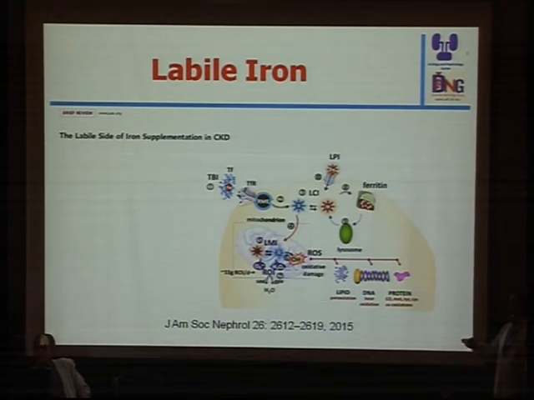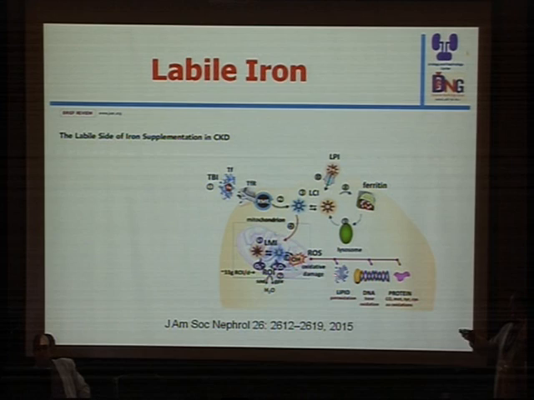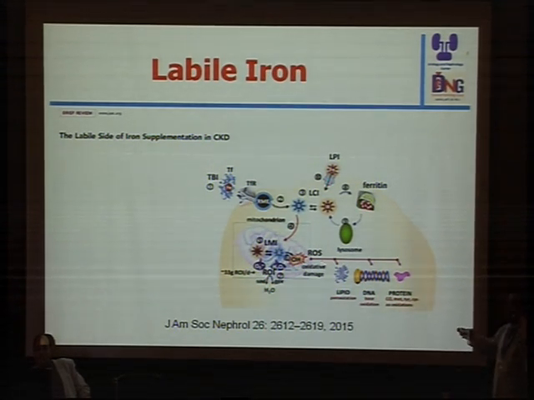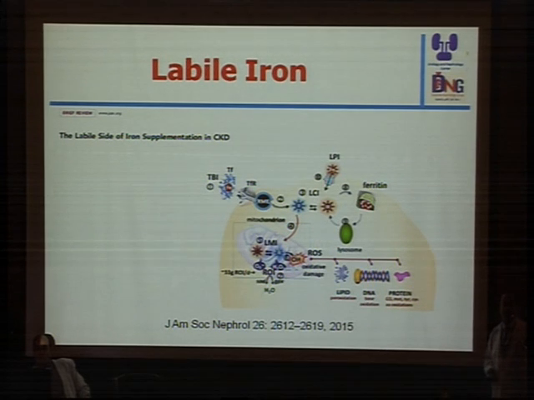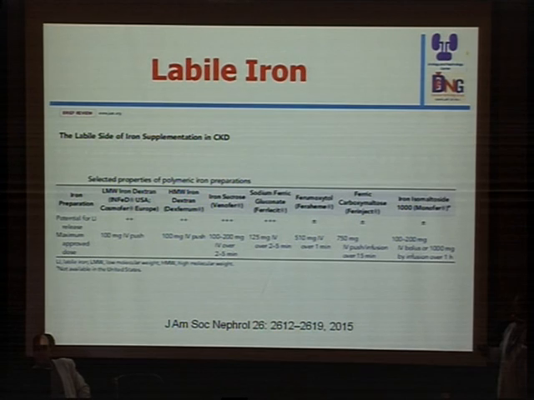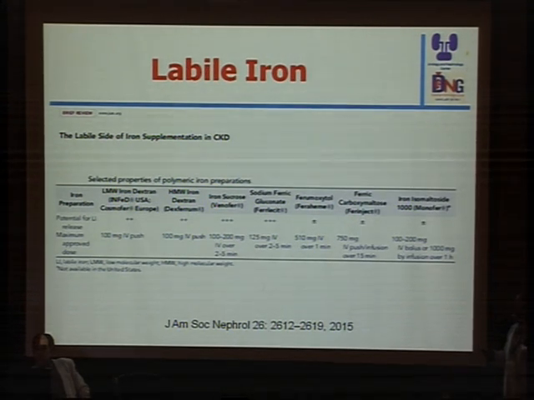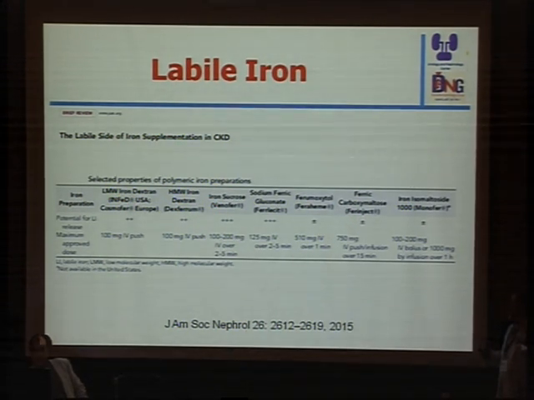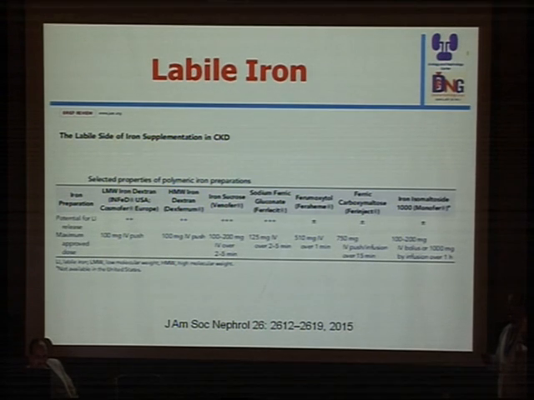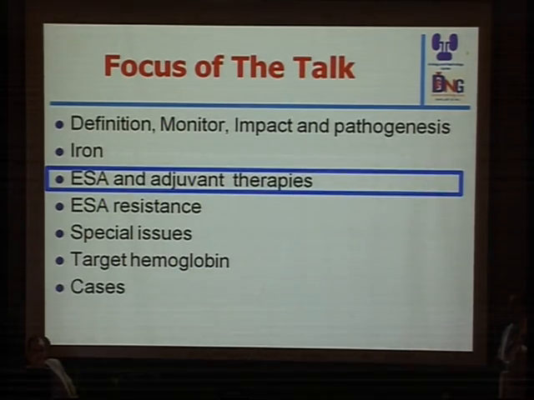The labile iron leads to oxidative stress, lipid peroxidation, DNA damage, and all these side effects, because it leads to toxicity of mitochondria. And these are the different forms of parenteral iron and their capacity for oxidative stress, as you see. So we should be cautious when we give iron not to overload the patient.